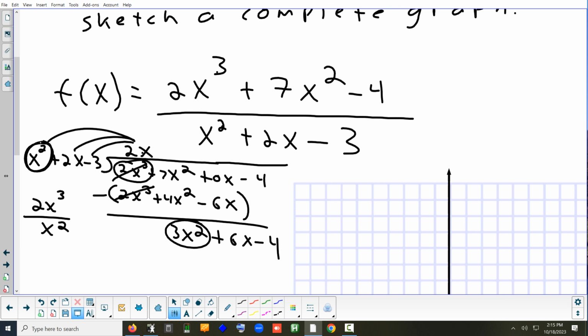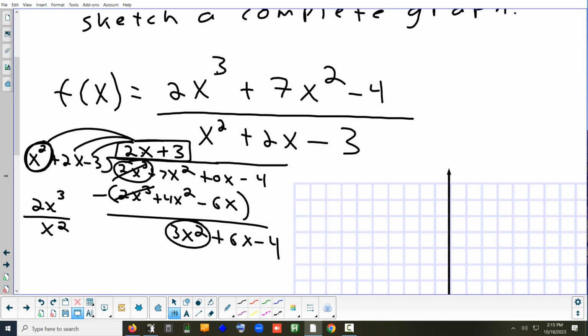What's 3x squared divided by x squared? 3. So really, I can stop. The only reason I'd have to keep going is if I wanted the remainder, but that's not part of the EBA. You just need the quotient. So there's your EBA, 2x plus 3.